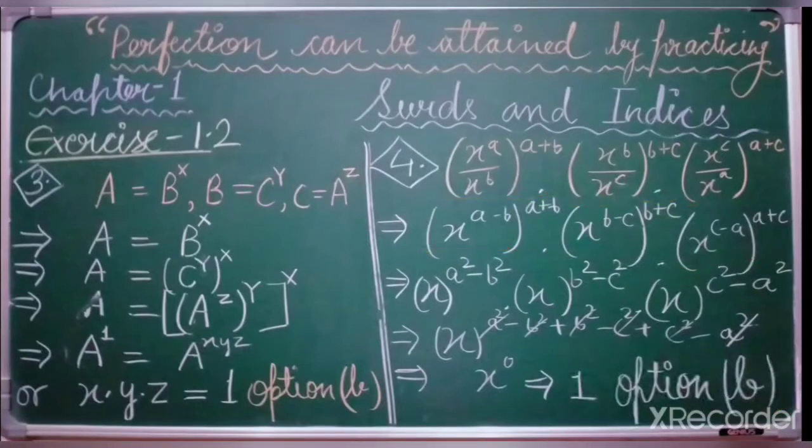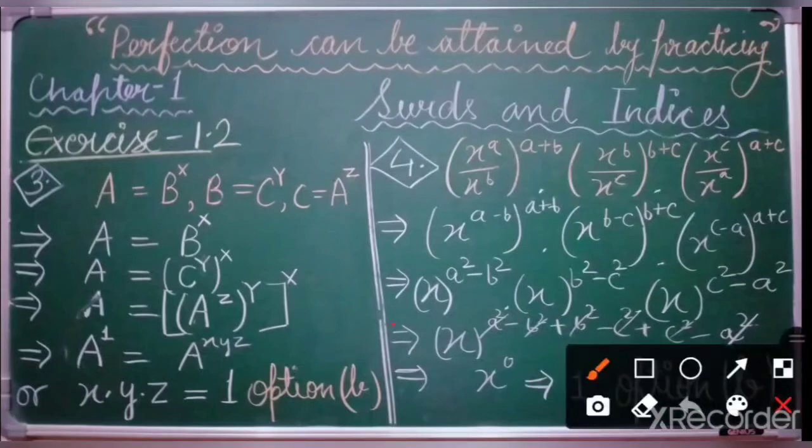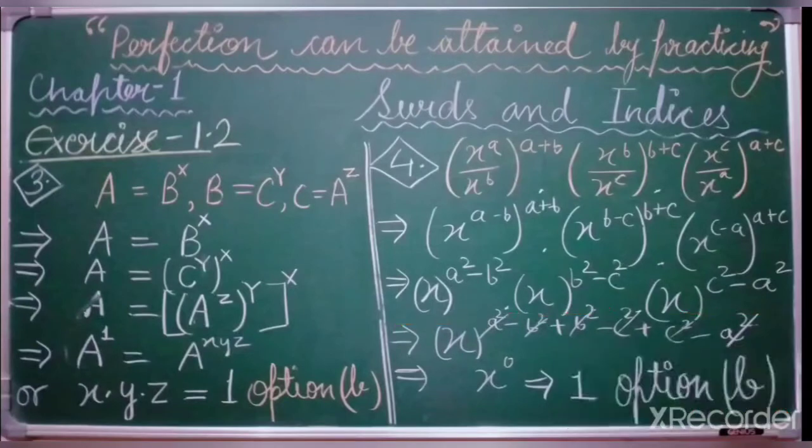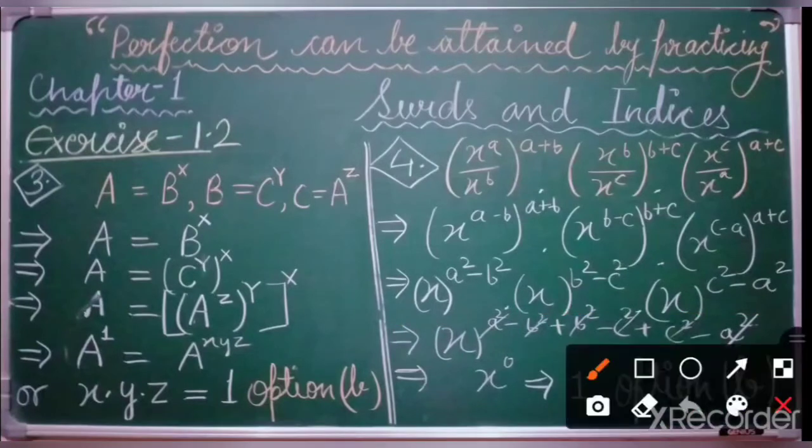And if you remember the identity, a minus b into a plus b will give you a square minus b square. So it would be x to the power a square minus b square into x to the power b square minus c square into x to the power c square minus a square. And because the base x is same in all the conditions, we will add all the powers.